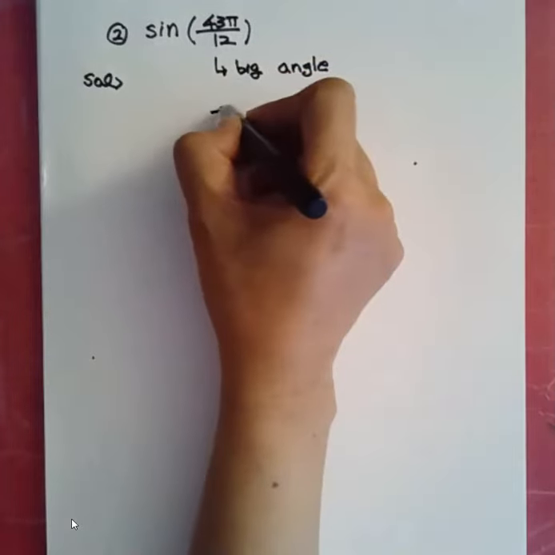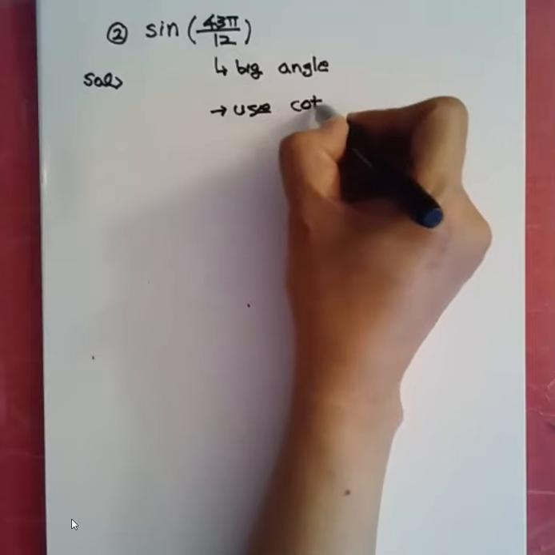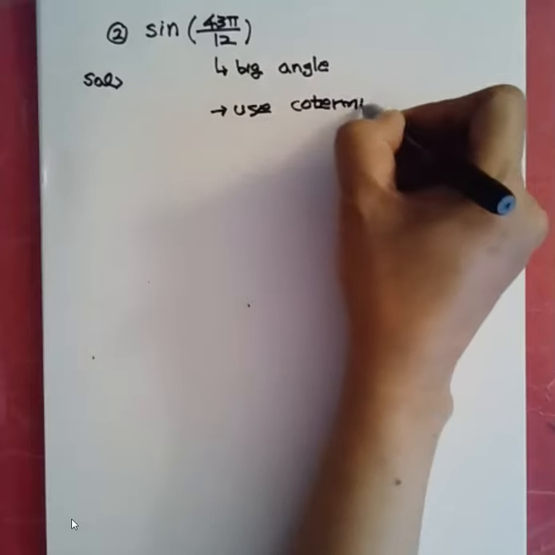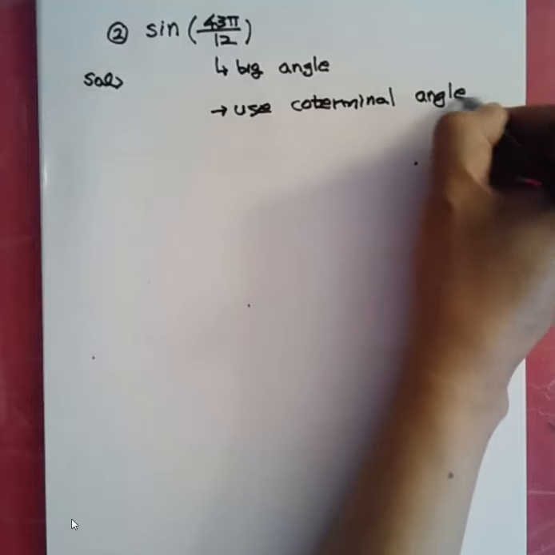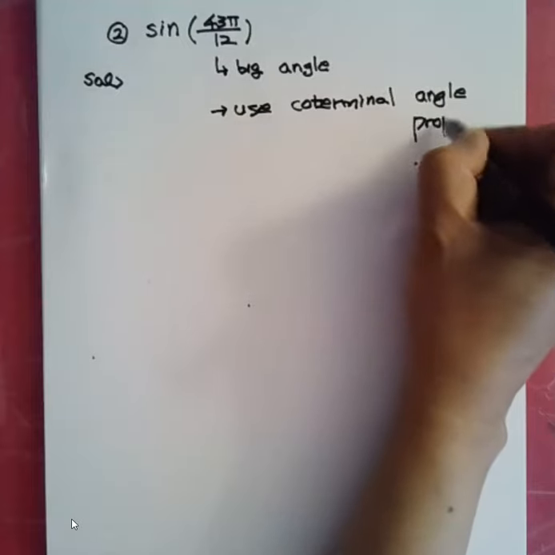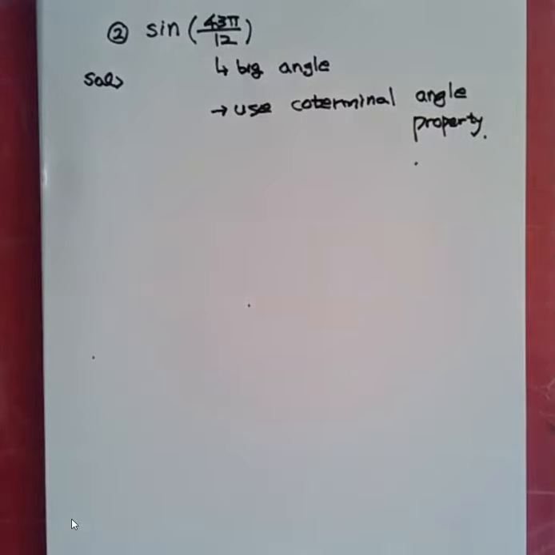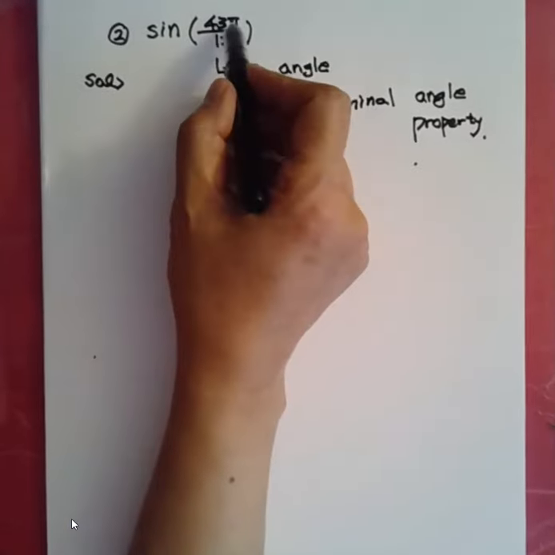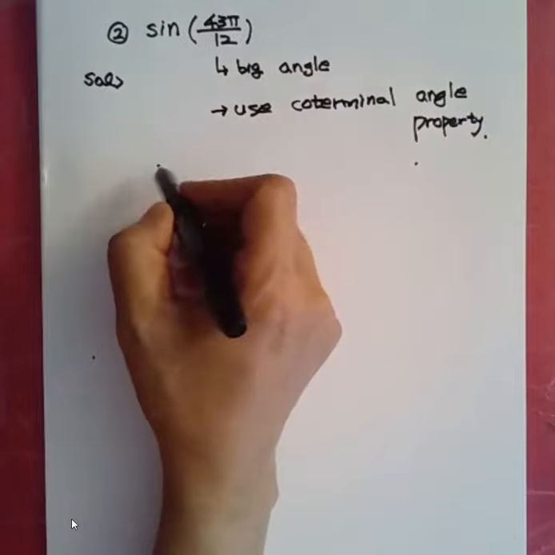Then we will use the coterminal angle property, which means coterminal angles will have the same trigonometric function value. Apparently, 43 pi over 12 is larger than 2 pi.